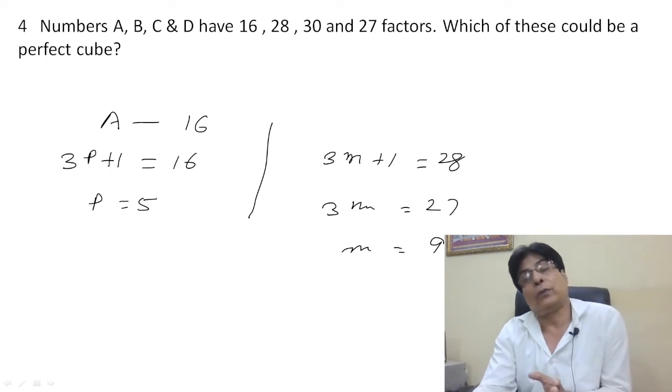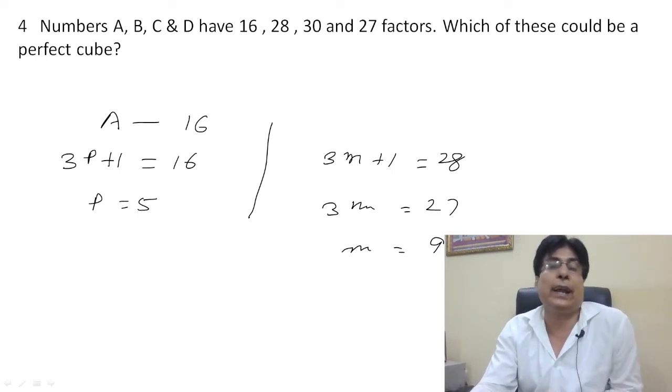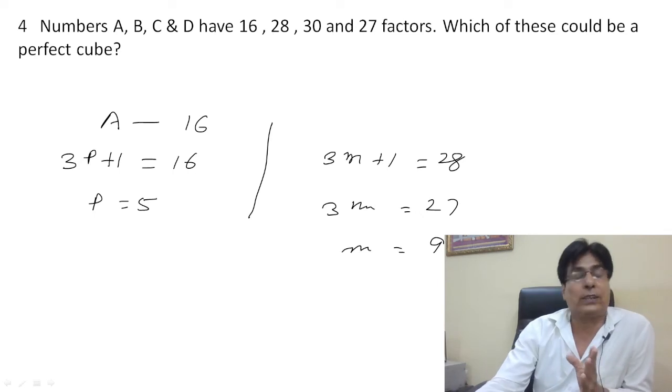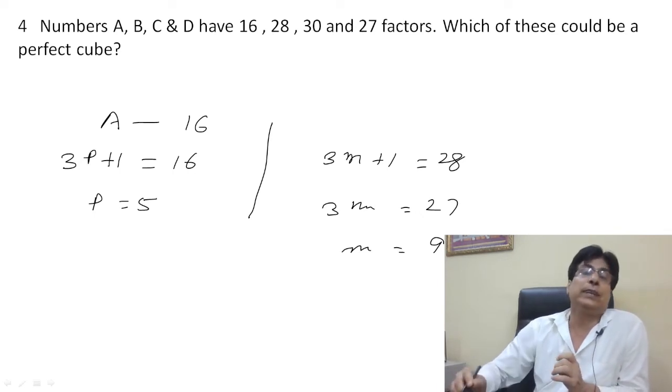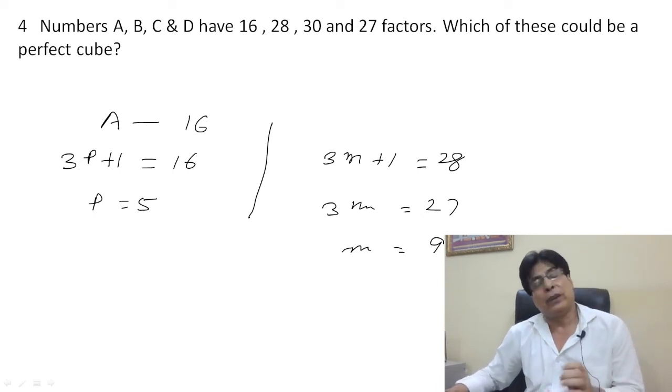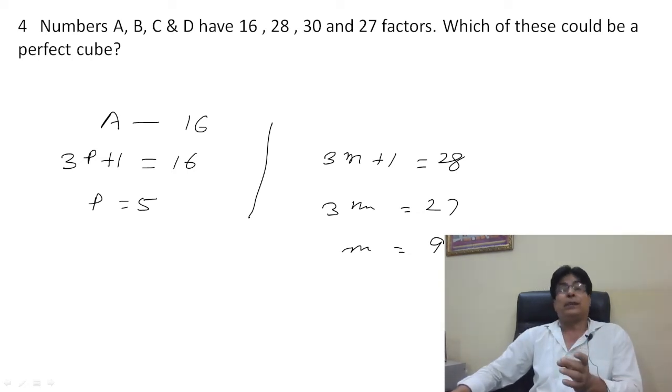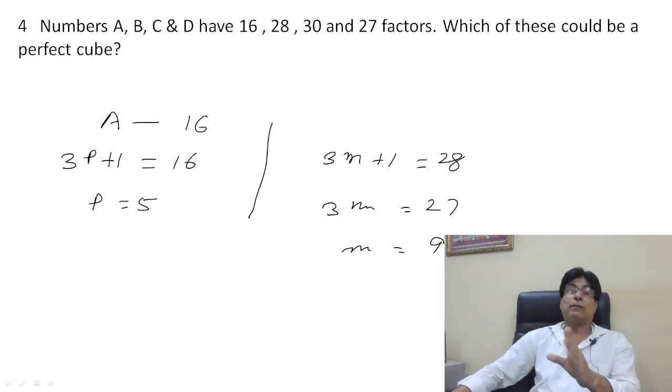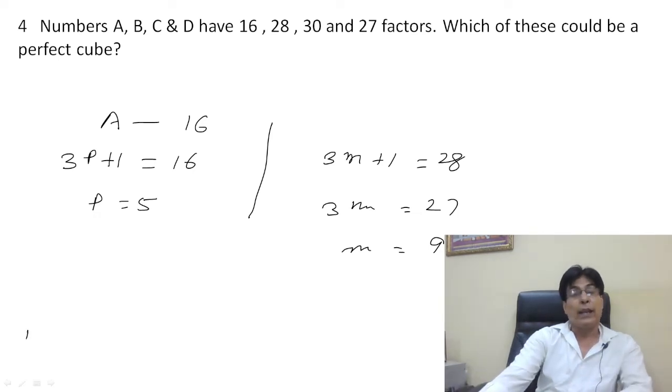Therefore, they may not be perfect cubes. Means A and B are perfect cubic numbers, but C and D may not be cubic because their prime factorizations may not be in the form of 3p or 3m plus 1. Therefore, the answer is A and B.